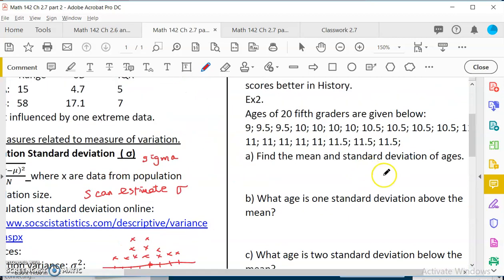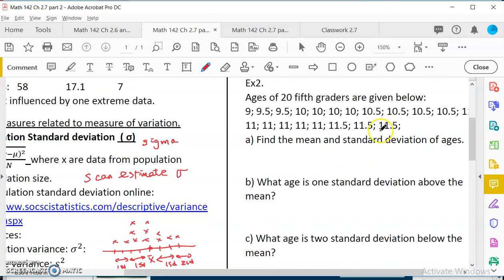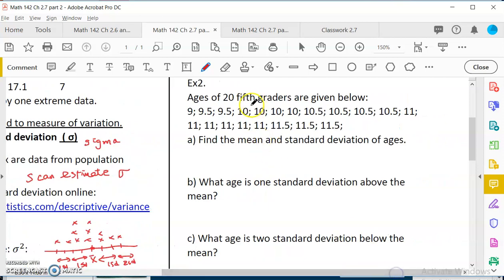Let's do some calculation here in this side. Example 2. So we have some fifth graders' scores. Ages, not scores. Ages of 25 fifth graders are given below. We want to find the mean and standard deviation of ages. Although they are the same grade, they're all fifth grade, they do have different ages, from 9 years old to 11.